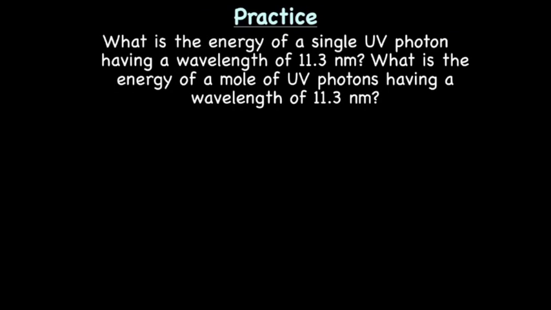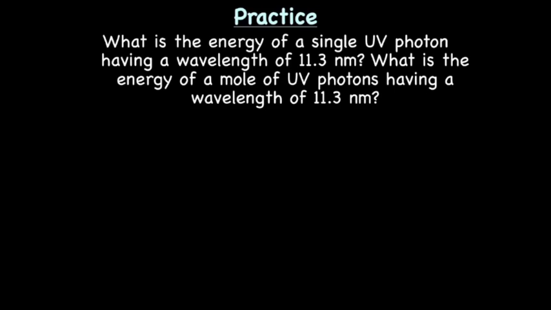Okay, let's try a few calculations. So our practice will be, what is the energy of a single UV or ultraviolet photon having a wavelength of 11.3 nanometers? And then what is the energy of a mole of UV photons having a wavelength of 11.3 nanometers?